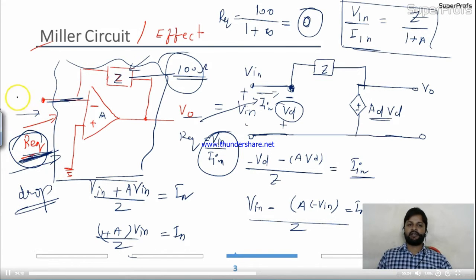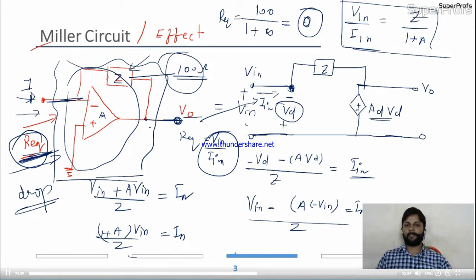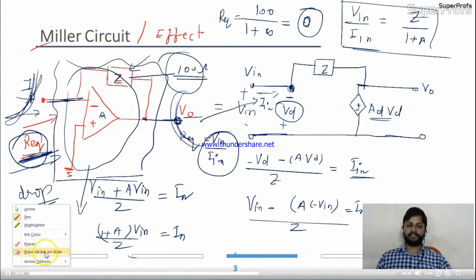If some current is coming at this stage, there will be no drop, and the entire current will come to the output level. So this is the Miller effect. Without dropping anything or any loss, whatever input we applied, we get at the output terminal. Practically this is not possible, but ideally it's true.